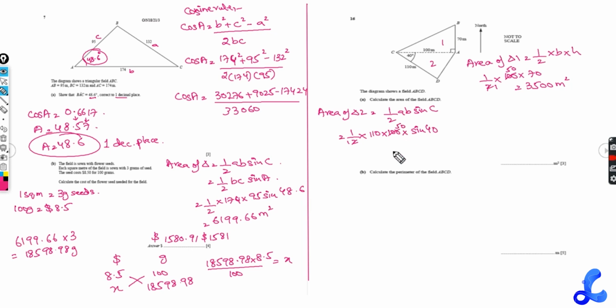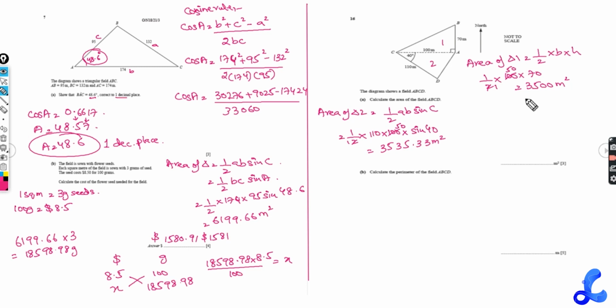Half of 100 is 50. So when you multiply 110 by 50 and then multiply it by sine 40, the answer you should get over here is 3535.33 meters square.